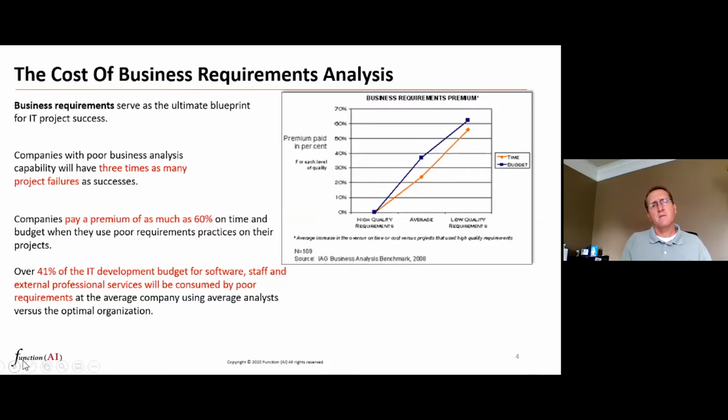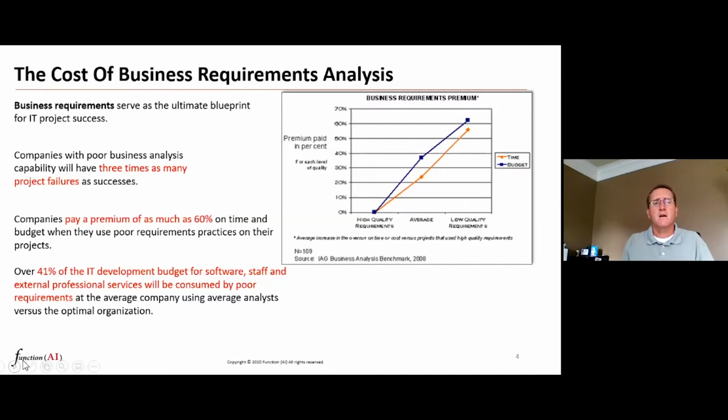After that, what we see is 41% of the IT development budget goes towards non-value add portions of the project. This could be redoing the business requirements after the initial stages, after you get into development, where the cost increases exponentially once you get into the development process and you don't have high quality business requirements executed on to lead the development team.